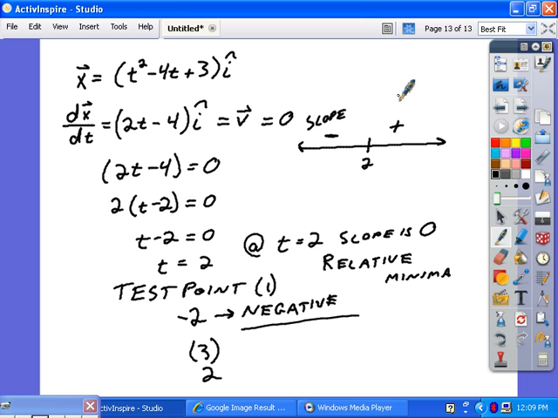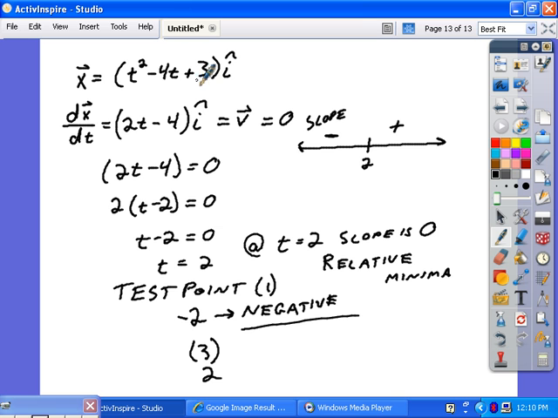Now, if I wanted to graph this without actually getting into insane detail, what I could do is determine what's going on at that exact minima. At a time of 2 seconds, if I plug that in here, I can find out exactly what my value would be. So 2 squared is 4. 4 minus 8 is negative 4.